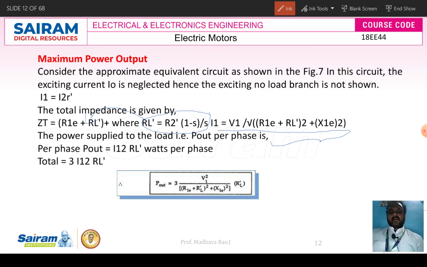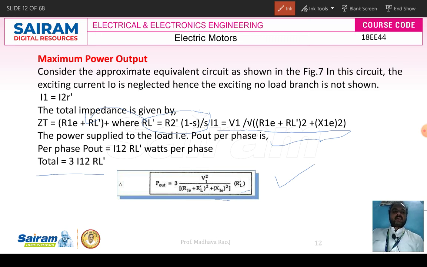Now the power output is equal to I1 square into RL', so for three phases it is 3 into I1 square RL'. So the power output is equal to 3 into V1 square by (R1e plus RL') whole square plus X1e whole square, into RL'.